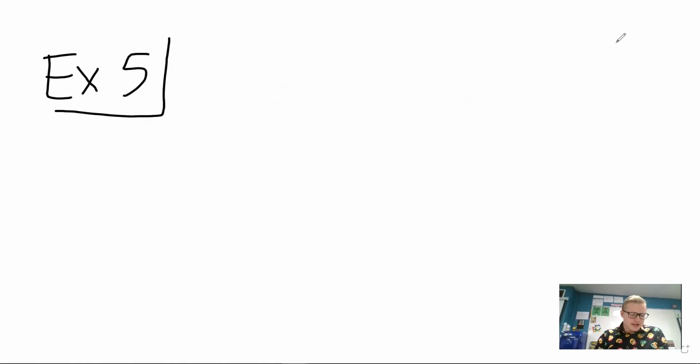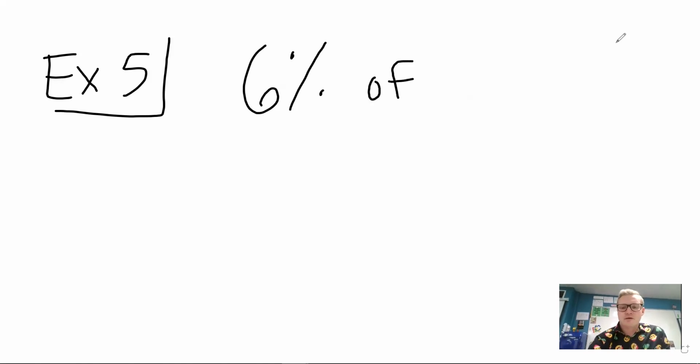We have sales tax. The sales tax rate was 6%. Find the tax on a $12 purchase, then find the total price including the tax. So first off, we need to find how much tax is 6% of $12.